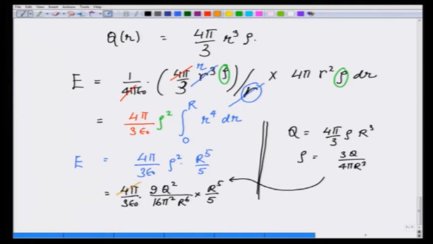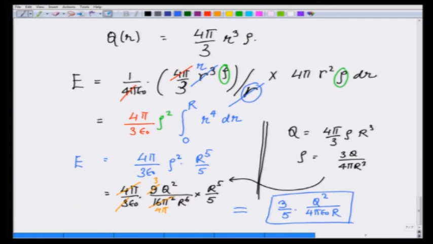This 4 pi cancels with this, gives you 4 pi. This 3 cancels with this, gives you 3. So, you get the energy equal to 3 over 5 Q square divided by 4 pi epsilon 0 R. That is the energy of a uniformly charged sphere with density rho.